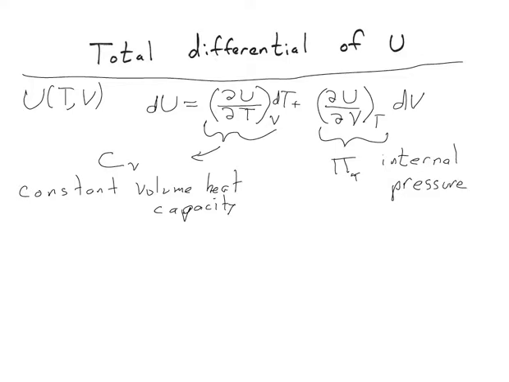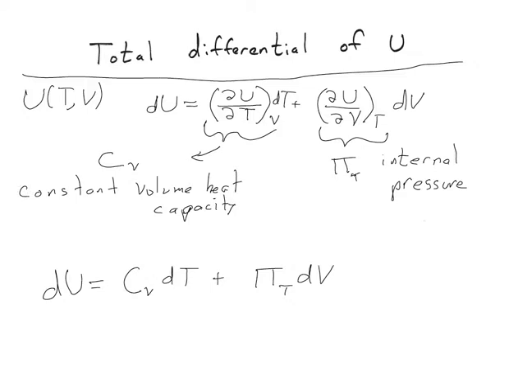Very good. Now, this means that in general, we can write a general expression for the change in internal energy for any process. We've got a CV term, which is dependent on temperature, and a pi T term that's dependent upon the volume.